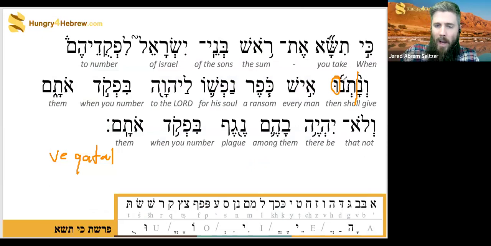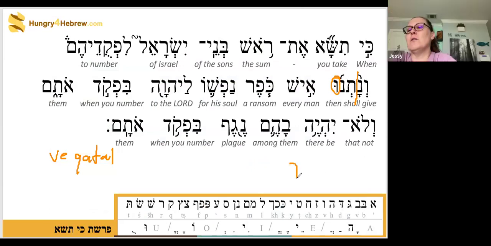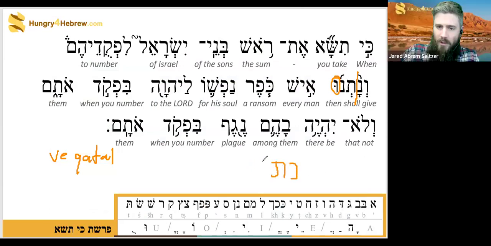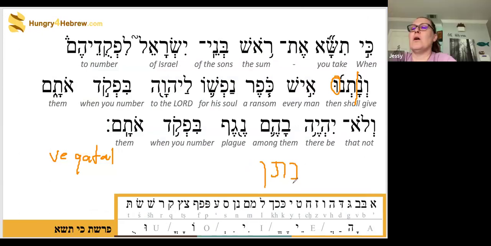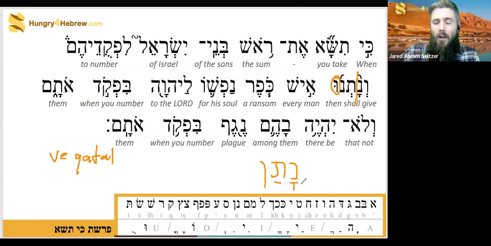And how do you say he gave using this root? Natan. How do you spell it? What vowels do I use? Kamats and a patach. Very good. This is the simplest form of the verb, natan.